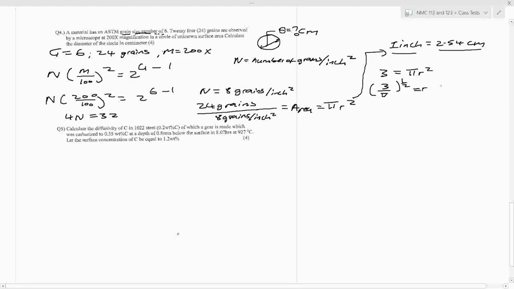And we know that 2R is equal to D, which is the diameter. And this is what we'll have: 2 times 3 over pi to the power of a half. Then our D value would be 1.954 inches.